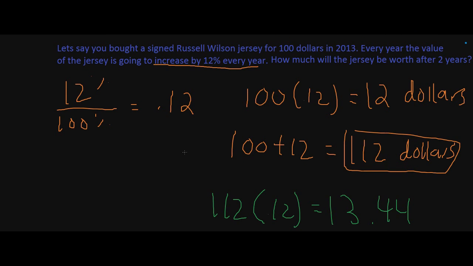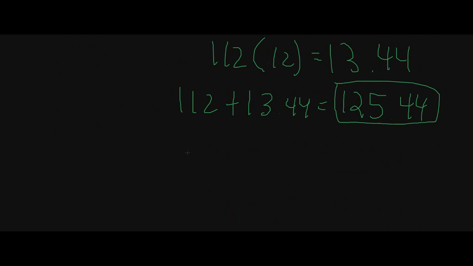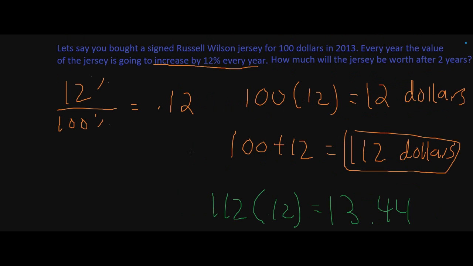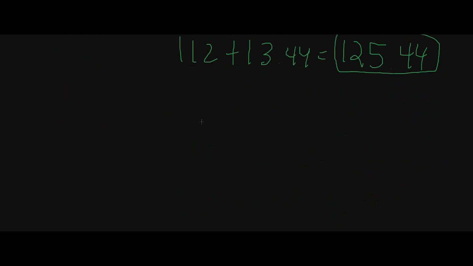So we know one thing that we could do is, if we want to write an equation, let's say y is equal to, I'll use a different color, let's say we have our exponential equation a times b to the x. We know a is our starting value, which we know to be 100.